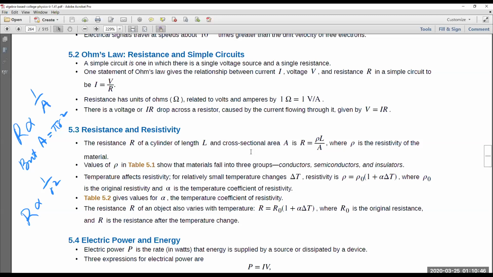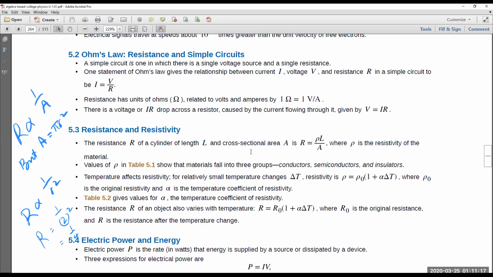So if you double the radius, for instance, then your resistance should change by a factor of 1 over 2 squared. So 1 over 4. So if you double the radius, your new resistance will be 1/4 the original resistance.